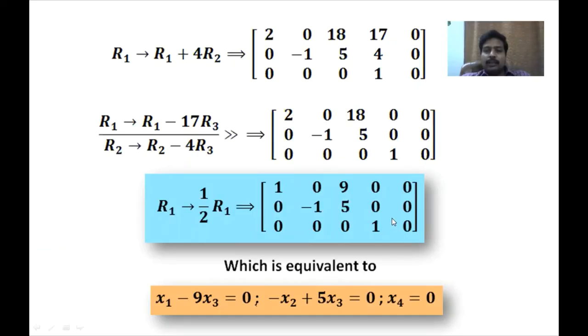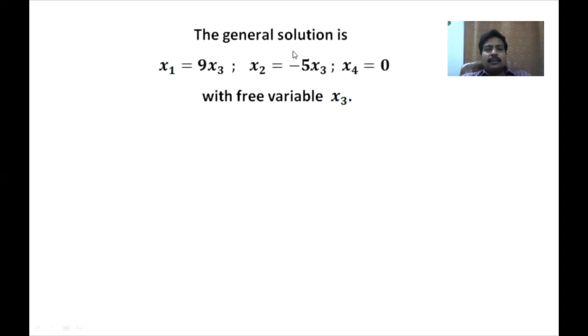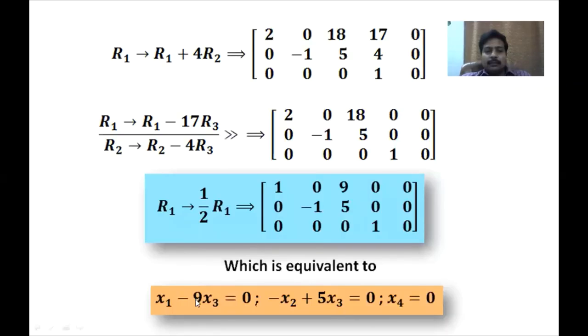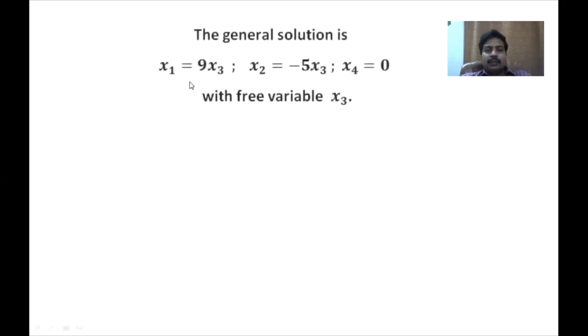So we got three equivalent equations, which can be further simplified as the general solution: x1 is 9x3, so the minus 9x3 is brought here, x2 is minus 5x3, and x4 is 0, with free variable x3.